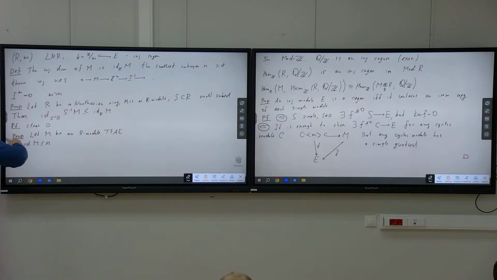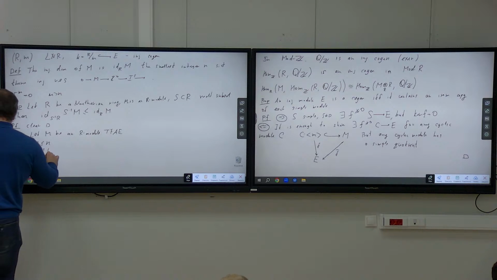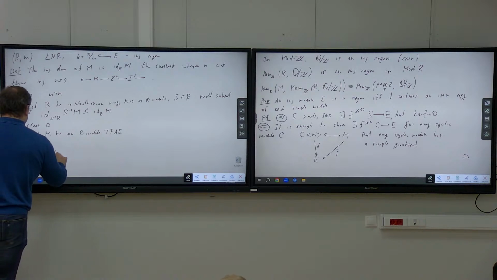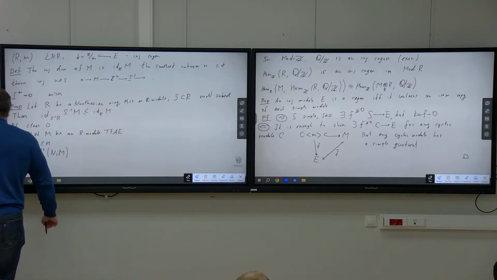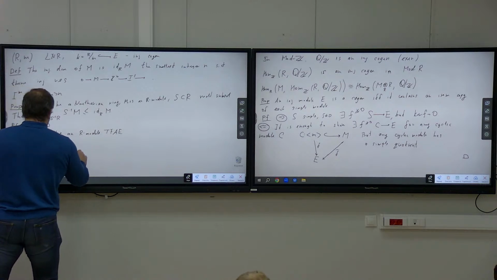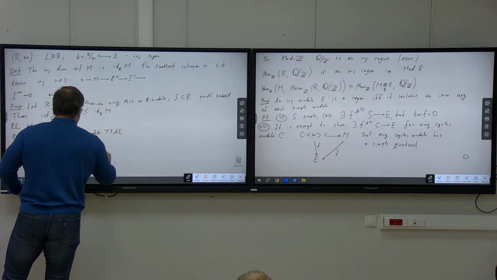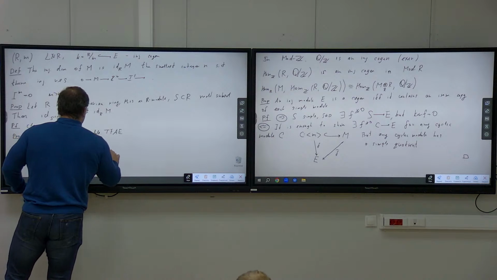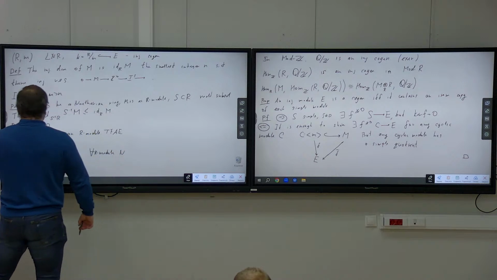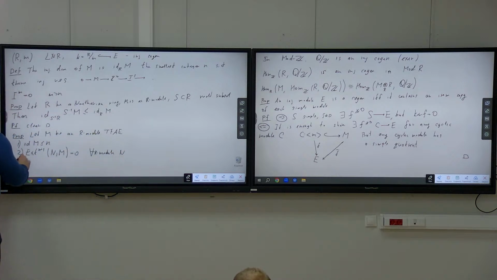Now assuming that there is a module and there's also some integer n, non-negative. 2. The Ext with the index n plus 1 between modules N and M is equal to 0, and this is true for any R module N. And 3.